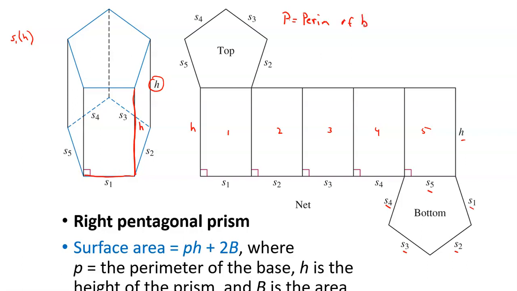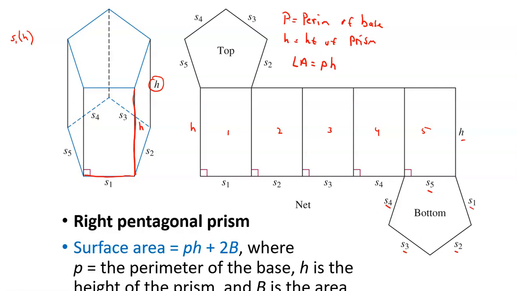So if P is the perimeter of the base, and H is the height of the object, we can represent the lateral area of this prism as the perimeter of the base times the height. Meaning that rather than calculate each of those 5 rectangles separately, why not just realize that those 5 sides add up to the perimeter, and multiply the perimeter of the base times the height.